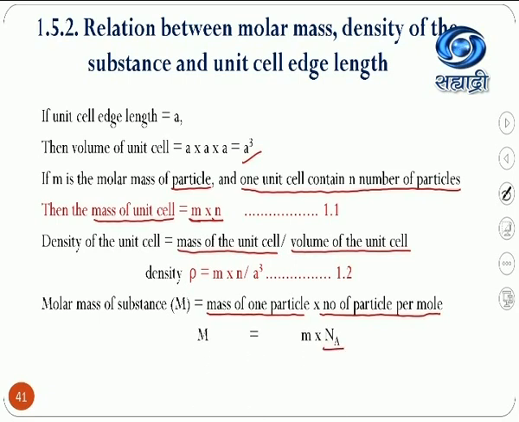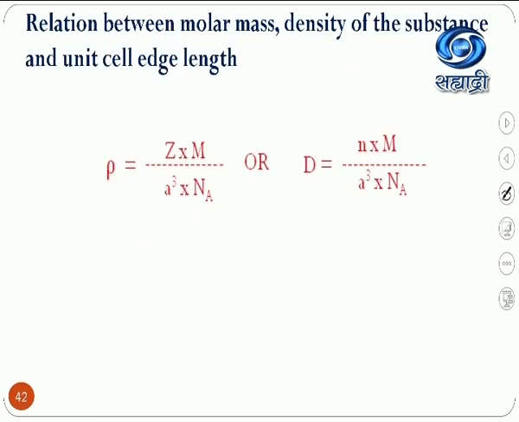We designate Avogadro's number by the symbol capital N with subscript A. The mass of a particle is small m and the molar mass of the substance is capital M. So capital M is equal to small m into Na. Therefore, the mass of a particle is equal to the molar mass of that substance divided by Avogadro's number, which is a physical constant.